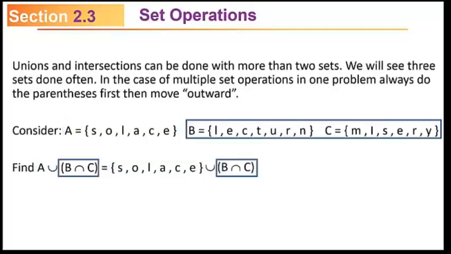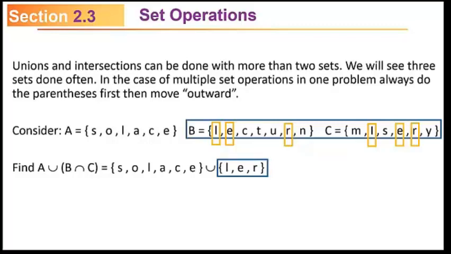And then you might go over and look on the right side of the union symbol, and you see that B intersects C. B intersects C means the elements that are in common to B and C. So if you look back up at B and C, you can see that they both have the L in it, they both have the E, and they both have the R, and that's it. So the intersection of B and C is the set containing L-E-R.